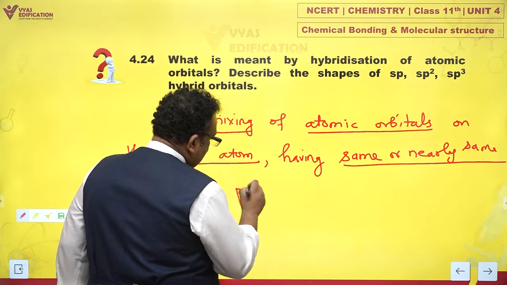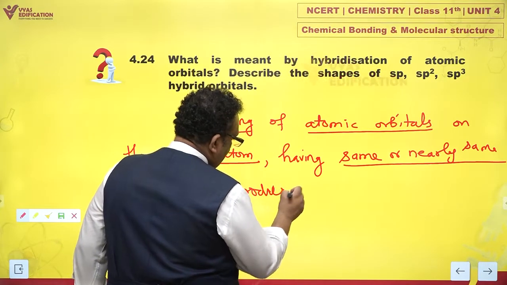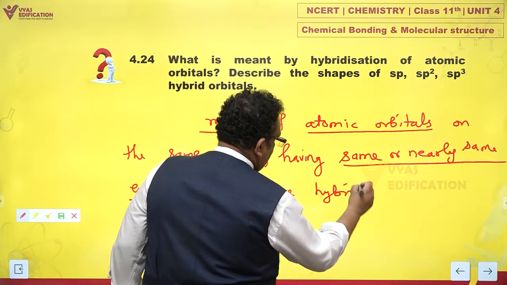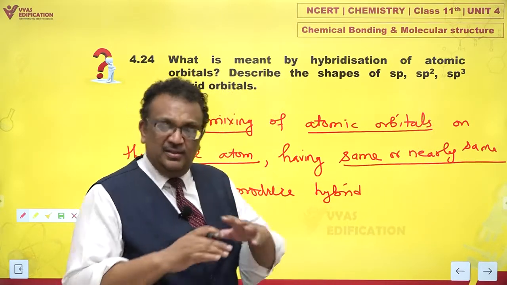to produce hybrid orbitals. Before mixing, they could have been different.